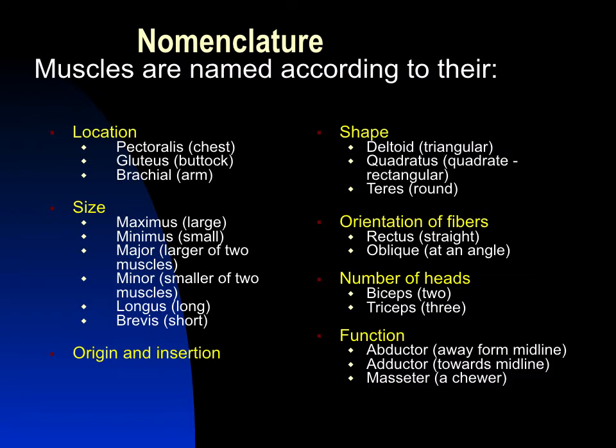You also have names that indicate the insertions that may say exactly where the muscle inserts. We'll talk about the sternocleidomastoid, which inserts on the sternum, the clavicle, cleido, and then the mastoid process of the temporal. It could also be their shape, the orientation of their fibers, the number of attachments or heads, and then what they do. It often says abductor. That tells you what they do. Abduction, flexor, extensor, there's lots of these.